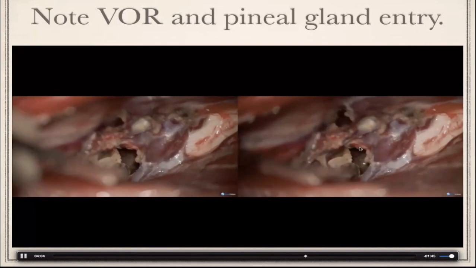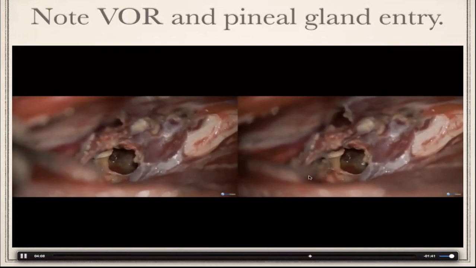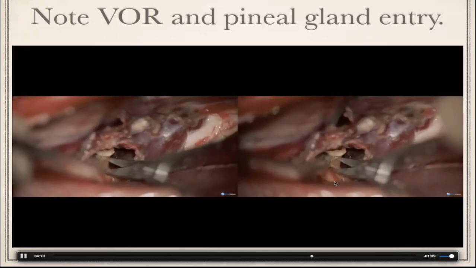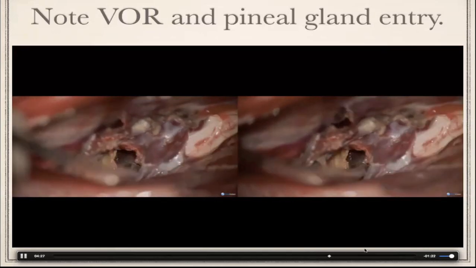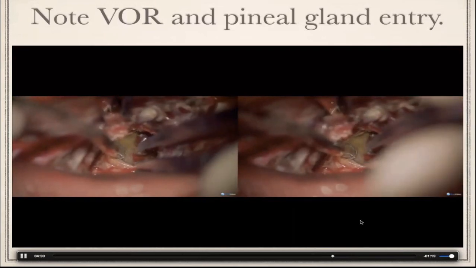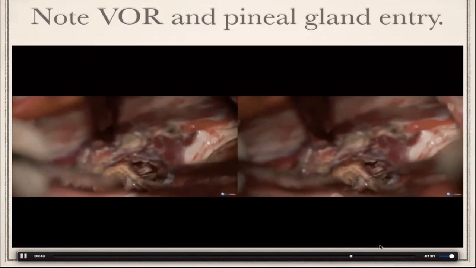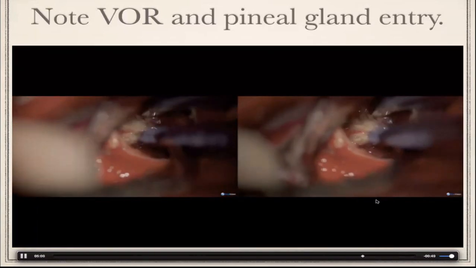We entered through the pineal gland. This is the superior colliculus, here are the inferior colliculi, and of course staying in the gliotic plane. And here is a cavernoma, and again, exact same thing almost for every case until you get a clean surgical cavity.